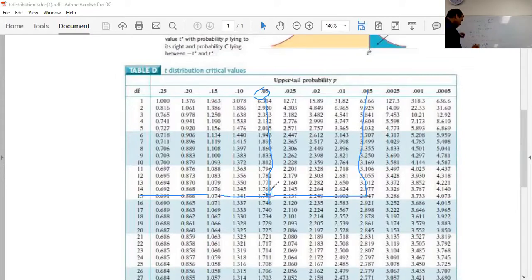Yeah. So alpha by 2 will be 0.025. So T alpha by 2 in the third case, at the same degree of freedom. Isn't it 1.753? Yes, I think so. Yeah, the second one is 1.753.